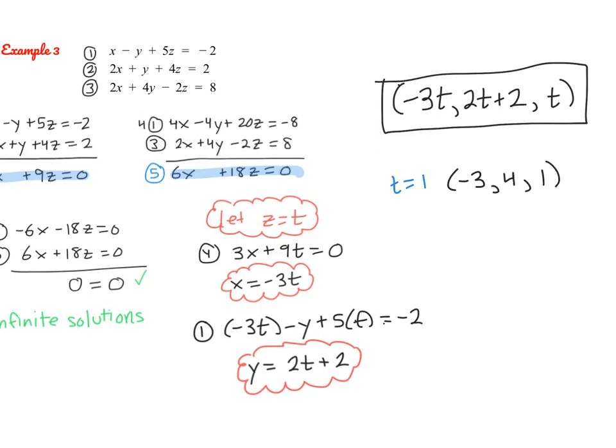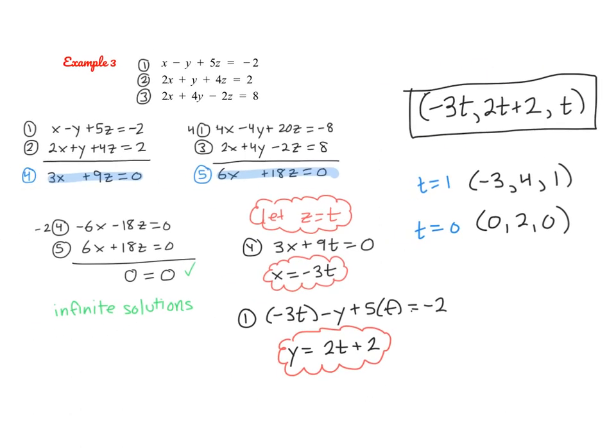That's one of the solutions to our system, where if we have t equals 0, we have 0, 2, 0, which is another solution to our system. So again, this gives us a way to describe all of the possible answers without needing to actually list them all out, which would be impossible. So this is how we're going to write our final answer.